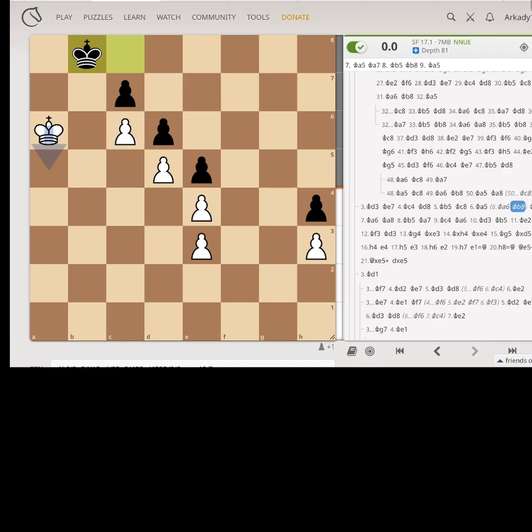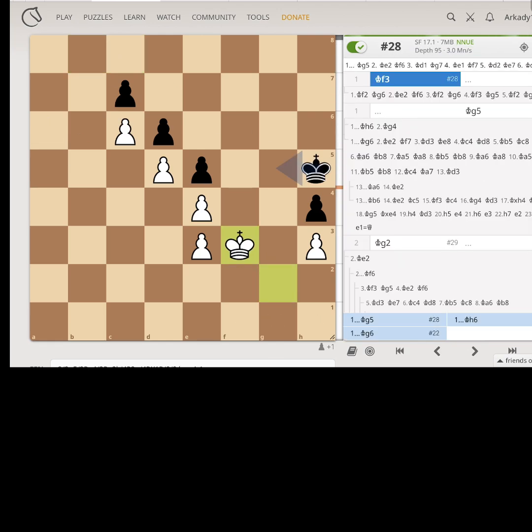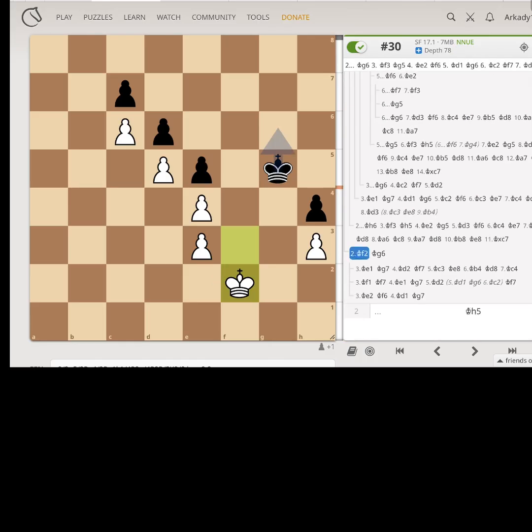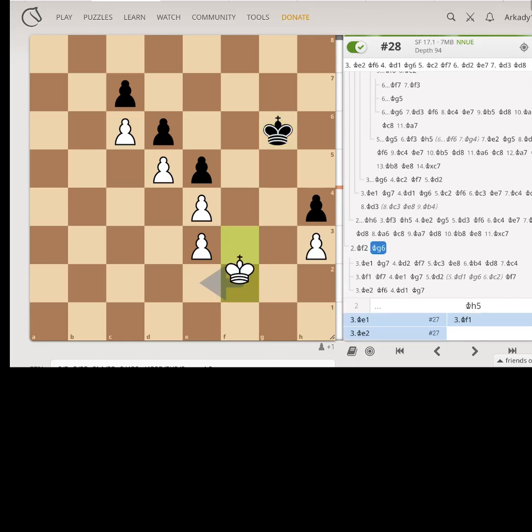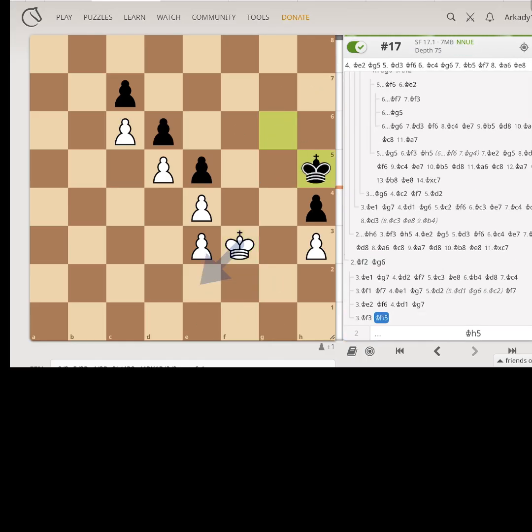Now notice that black can also protect on a8 from a6. And it seems that black can also be on h5, so when the white king moves somewhere else, black moves, white moves to f3, and the black king can be on h5 at this moment.